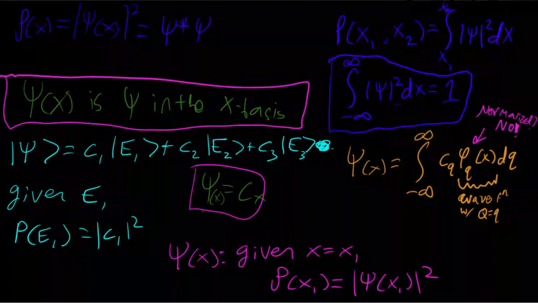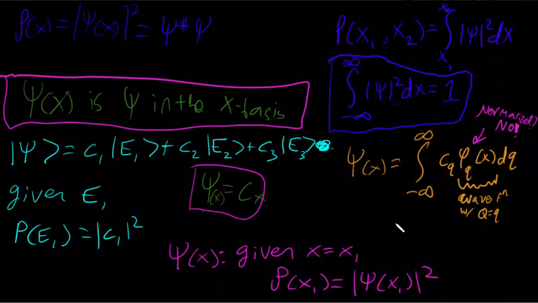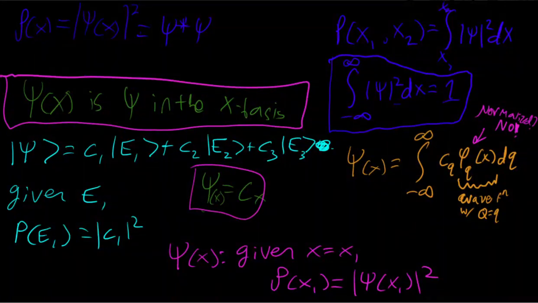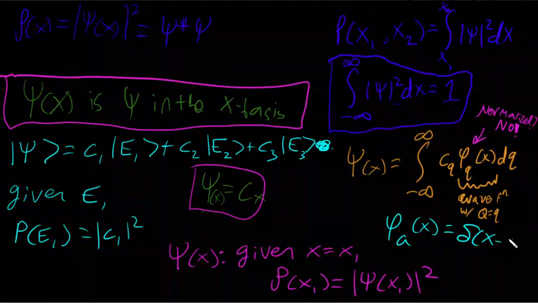Using the Dirac delta function, the other thing that we realized in this video is that phi sub a is equal to the delta function, delta of x minus a. And if you still don't buy it, just think about it a little more.